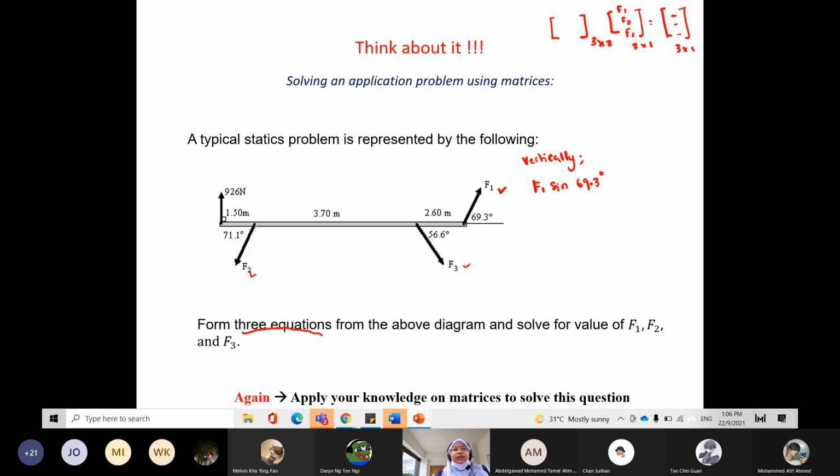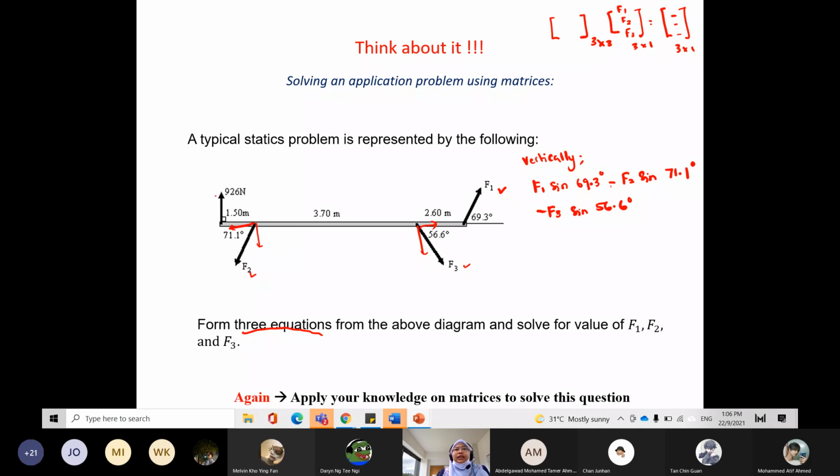When you resolve, this one should be going down, so you have negative F2 sine 71.1 degrees. Continuing down here, this one also becomes negative F3 sine 0.6 degrees.